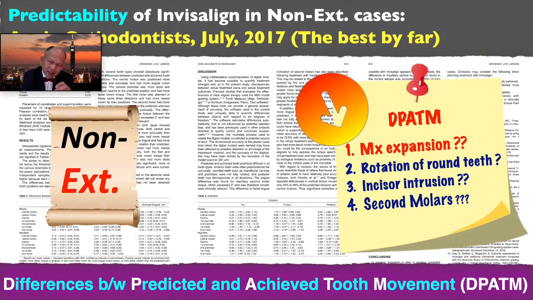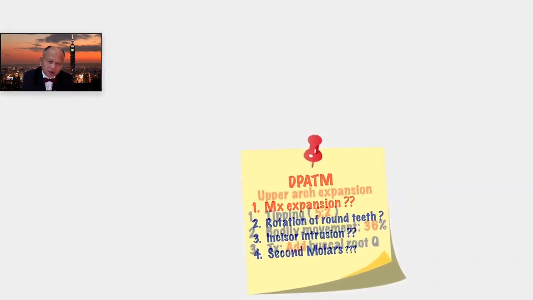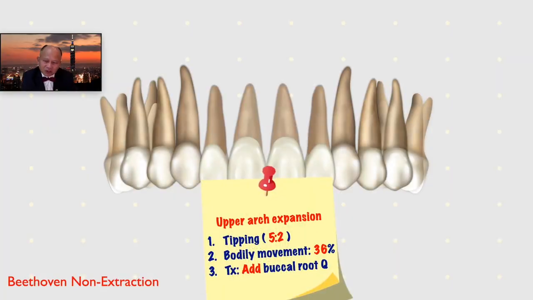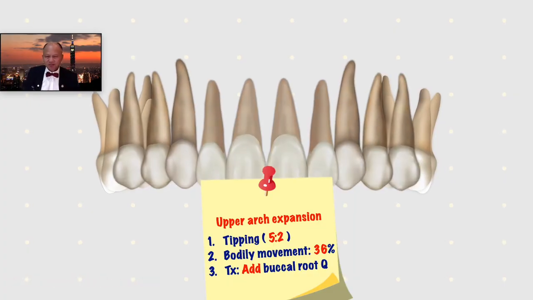And in this article, they talk about, for extraction cases, if you try to expand the upper arch, do you know what will happen? Most likely you get tipping. The bodily movement is only 36%. So the treatment plan they suggest is to add buccal root torque. That's why I add this buccal root torque.